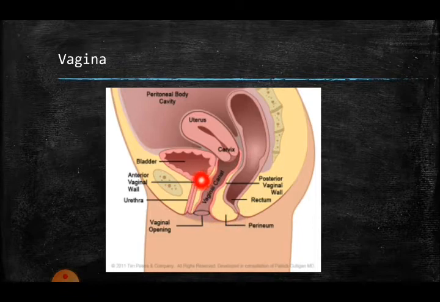So far we concluded that the urinary bladder is lying anterior to the uterus, and the uterus is lying posterior to the bladder. The uterus is lying anterior to the rectum, and these relations are really very important. And here you can see the sacrum and the coccyx, which is also called the tailbone.